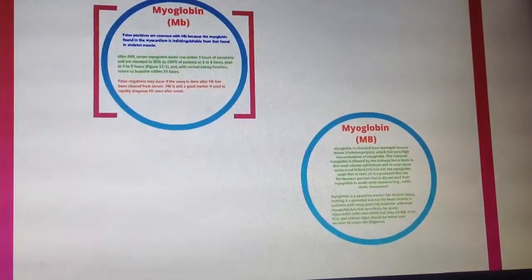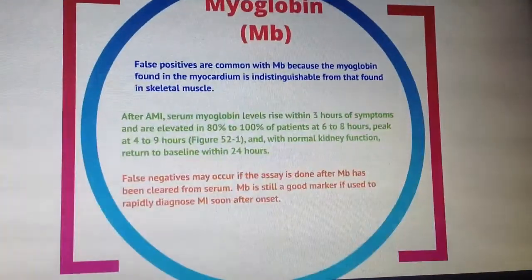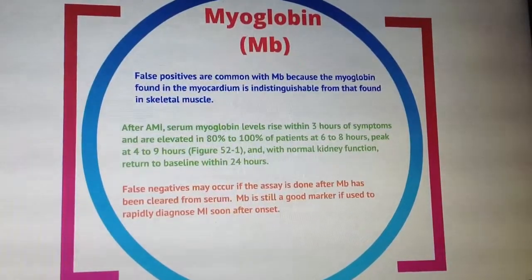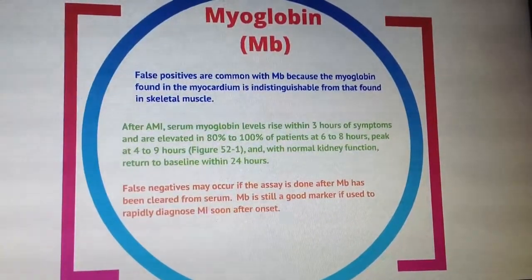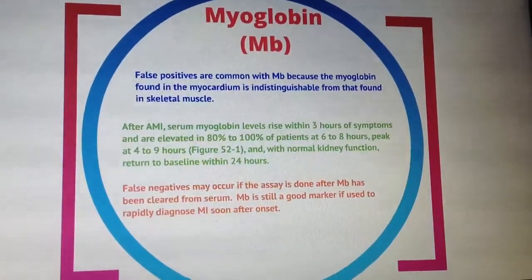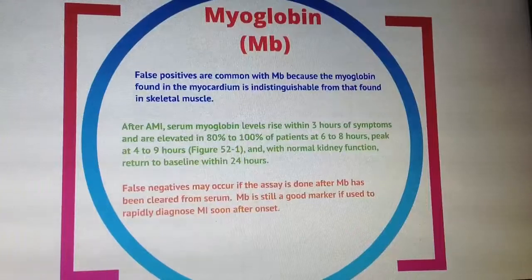Myoglobin. False positives are common with myoglobin because the myoglobin found in the myocardium is indistinguishable from that found in skeletal muscle.